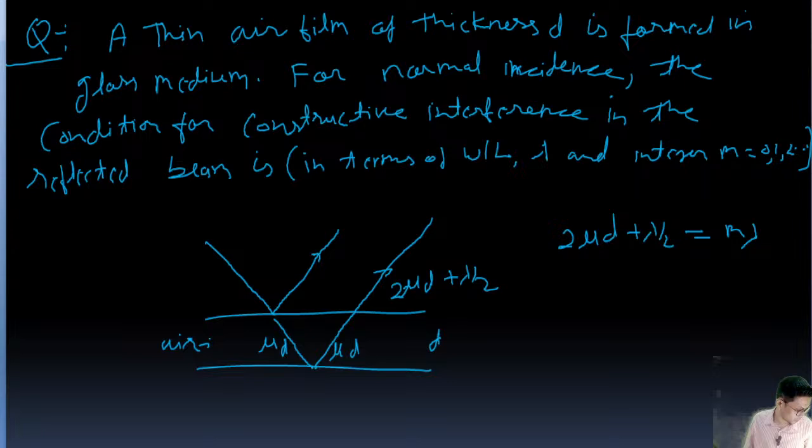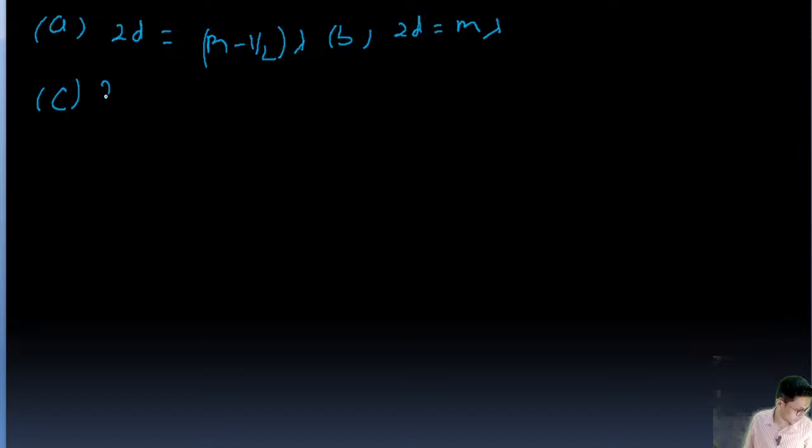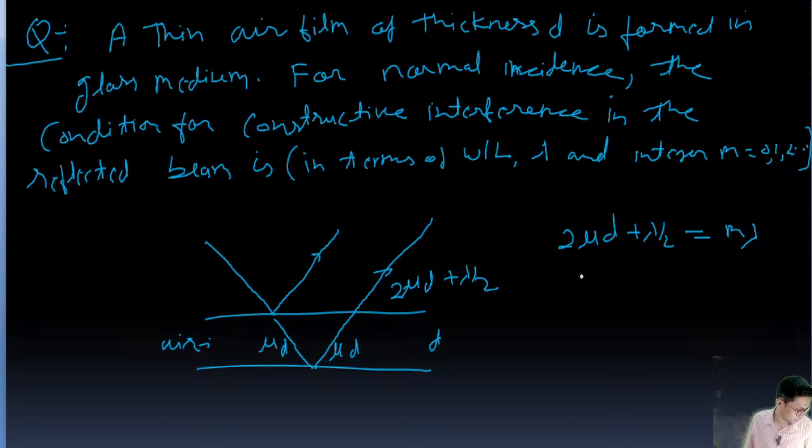Option A is 2d equal to (m minus half) lambda. Option B is 2d equal to m lambda, option C is 2d equal to (m minus 1) lambda, and option D is 2d equal to (m minus half) d.